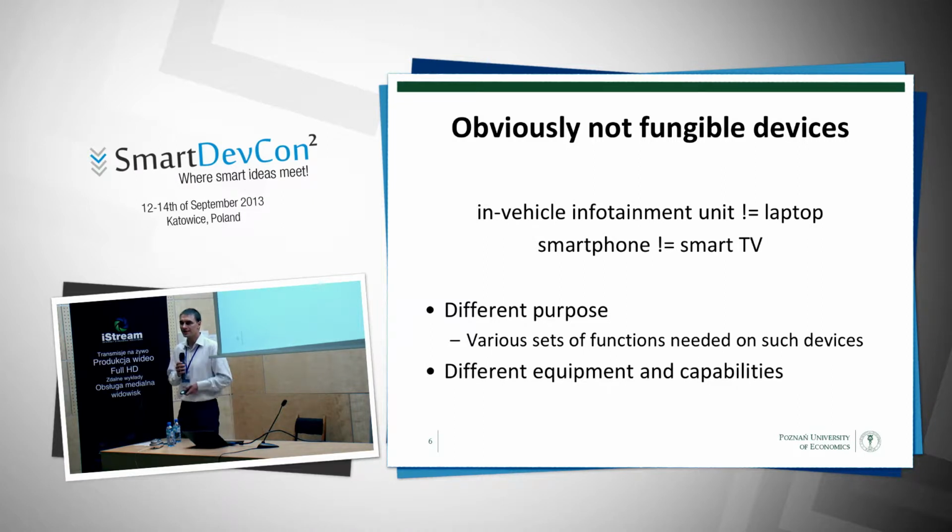Users are using them for different activities in different contexts. So usually they don't expect the same functionality on those different devices. And also, because of this, their equipment and capabilities differ significantly, and we cannot talk about those devices as fungible devices.